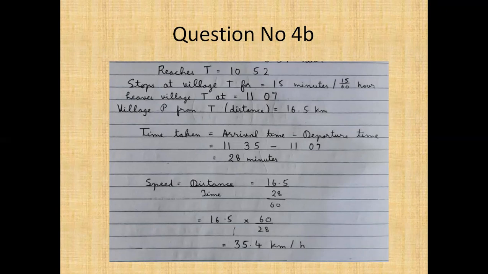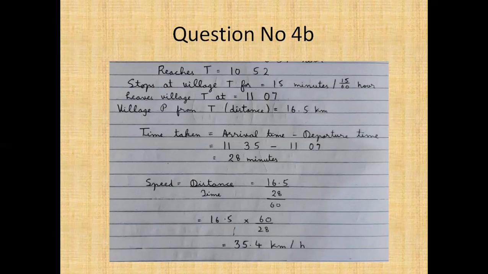The time of departure from T is 11:07. So it's 28 minutes. So convert the 28 minutes into hours. That will be 28 divided by 60. So the speed of coming back from T to P will be distance divided by time, and the distance is in kilometers and the time is in hours.